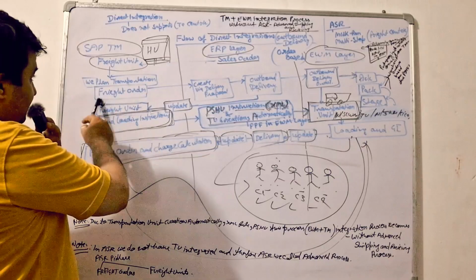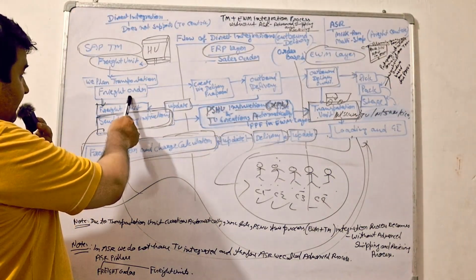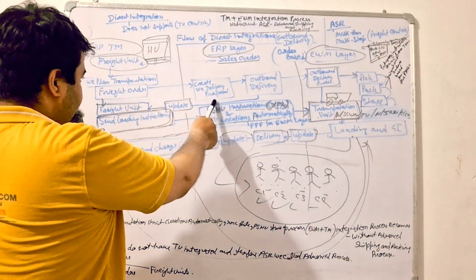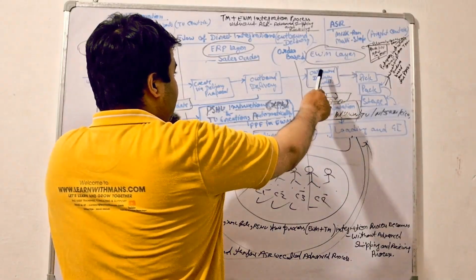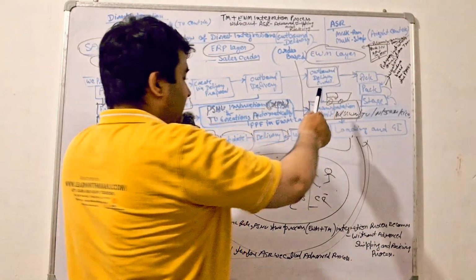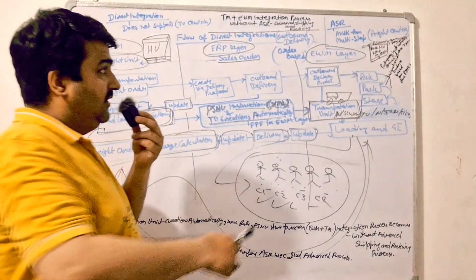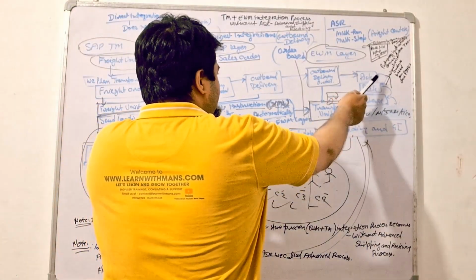So we plan the transportation, freight orders. Whenever the freight order is created, we require delivery, propose outbound delivery. So in the EWM system or layer, the outbound delivery order would be created, EWM PRDO, and we perform the pick pack stage, packing.